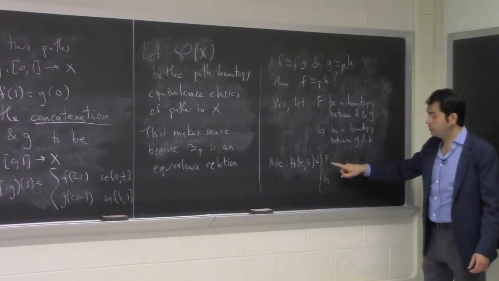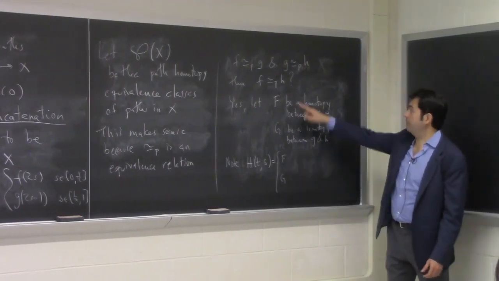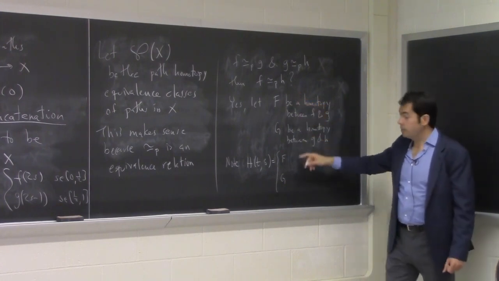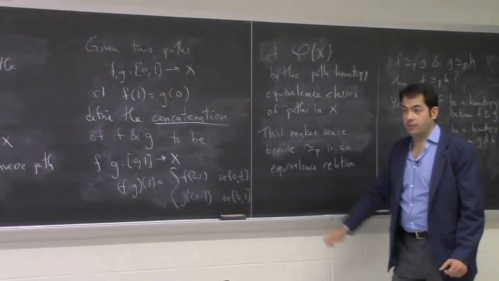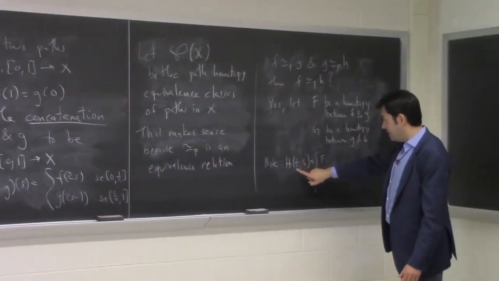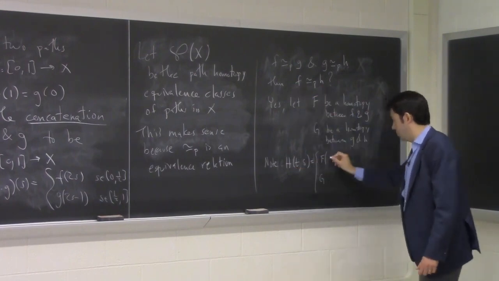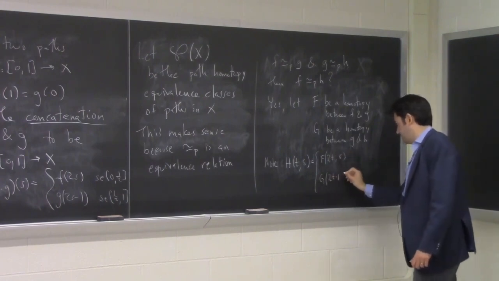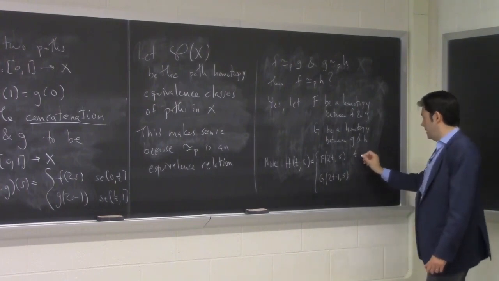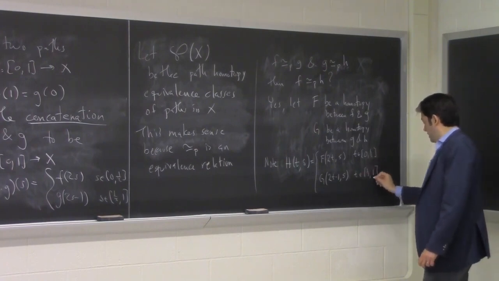Okay, so obviously all we want to do is run the homotopy F first and then run the homotopy G. You'll start at f and you'll end at h. So we have to do the same thing we did over here: to fit it into the interval, just have it go twice as fast. The T is the parameter that goes in between the two paths, so we'll just have it go twice as fast in T. So this will be for T in 0, 1/2, and this will be for T in 1/2, 1.